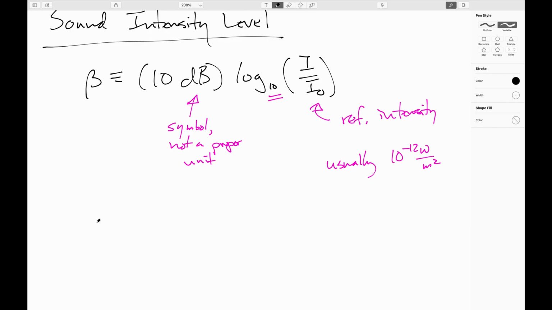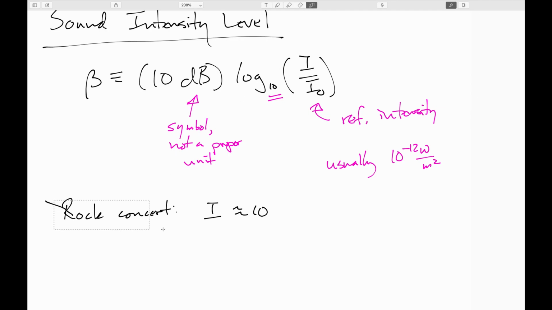So let's start by taking a look at my rock concert level. Sorry, not a rock concert, I want to do the threshold of pain, my bad.